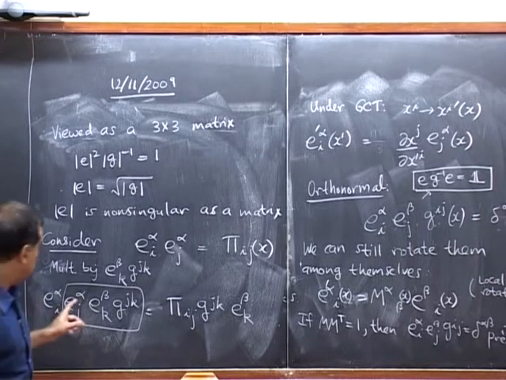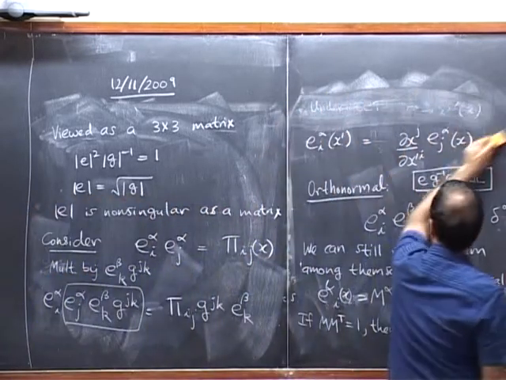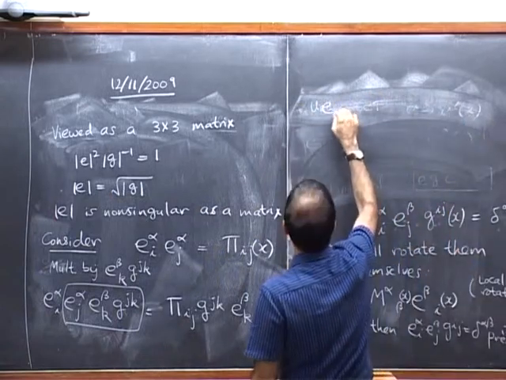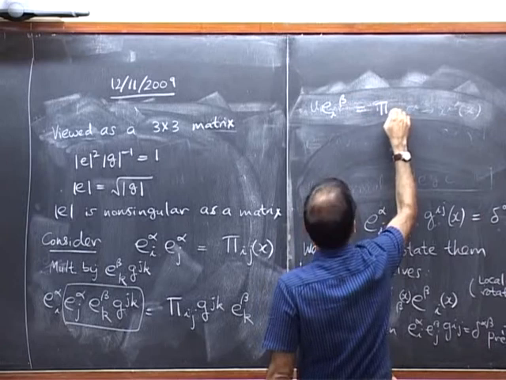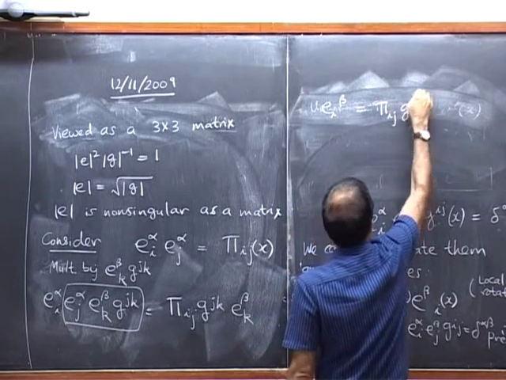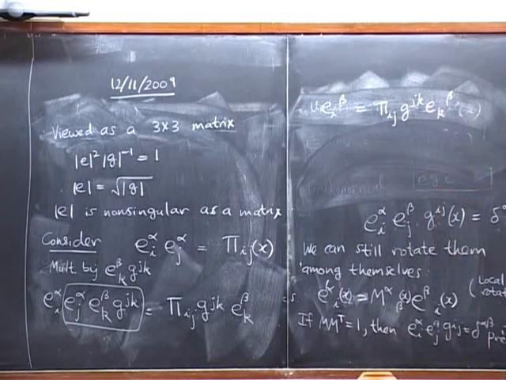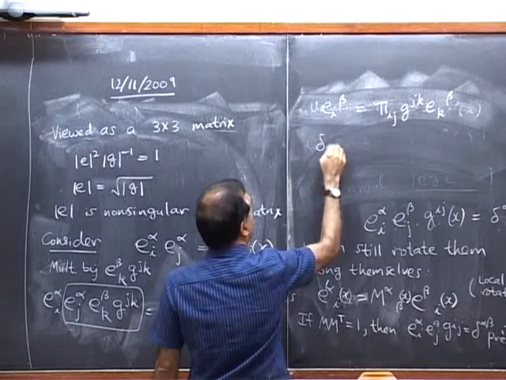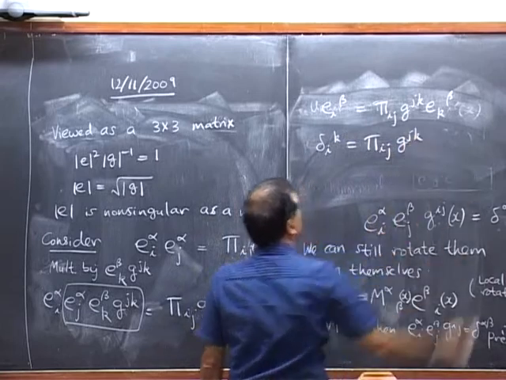Delta alpha beta. So that when contracted with this converts this alpha to a beta. So we find that E I beta is equal to pi I j G j k E k beta. Now E is invertible as a matrix, so I can cancel off E from both sides and find that delta Ik is equal to pi ij G jk.